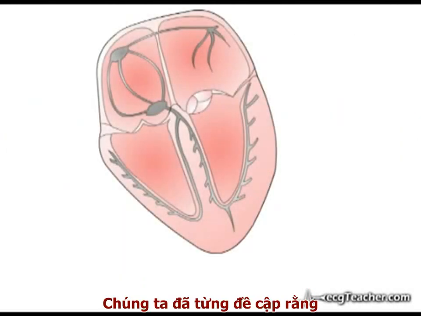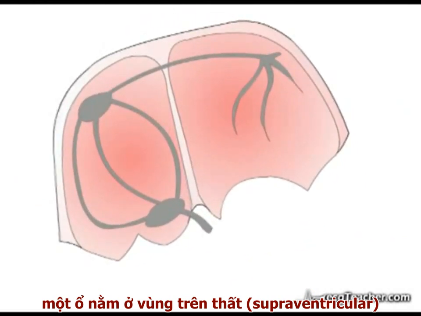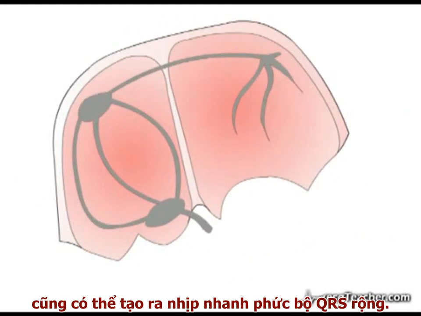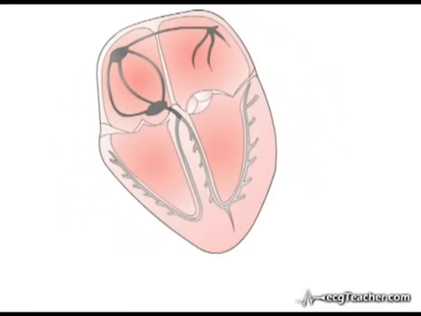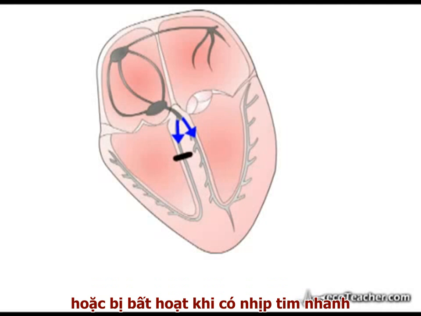We have already mentioned that it is possible for a focus situated in the supraventricular region to generate a broad complex tachycardia. This situation arises if a component of the ventricular conducting system is damaged or fails to function at higher heart rates.